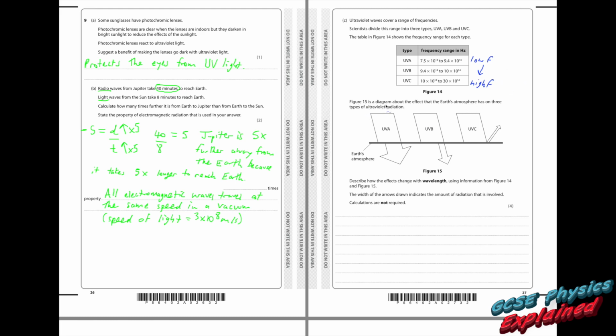Figure 15 is a diagram about the effects that the Earth's atmosphere has on 3 types of ultraviolet radiation. So there's the Earth's atmosphere and UVA. You can see how much of each one is getting through. Describe how the effects change with wavelength. Cheeky. So it's giving you information up here to do with frequency, but down here it's asking you to talk about wavelength.